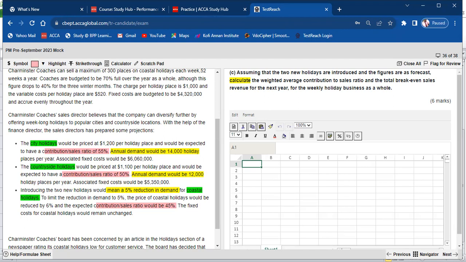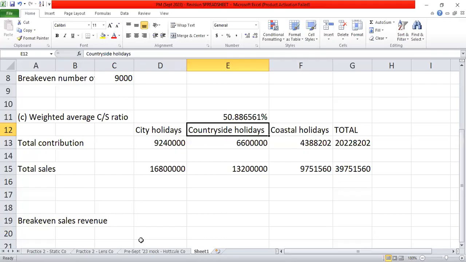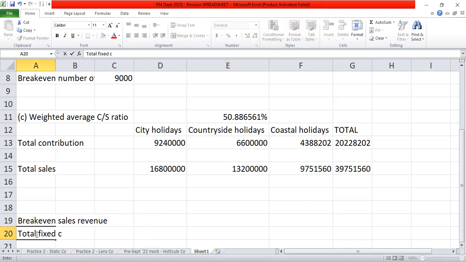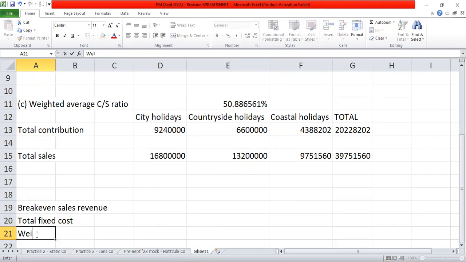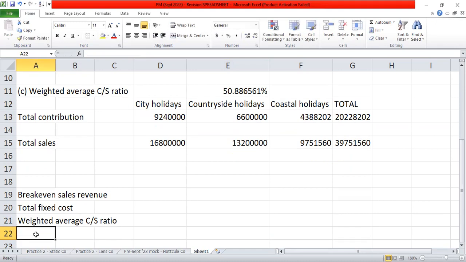So watch out. So now I set up myself already. I'm going to calculate the total break-even sales. The total break-even sales revenue, I know I've got to get the total fixed costs. Then I've got to work out the weighted average CS ratio, which I worked out already. Friends, the exam is difficult but very doable.